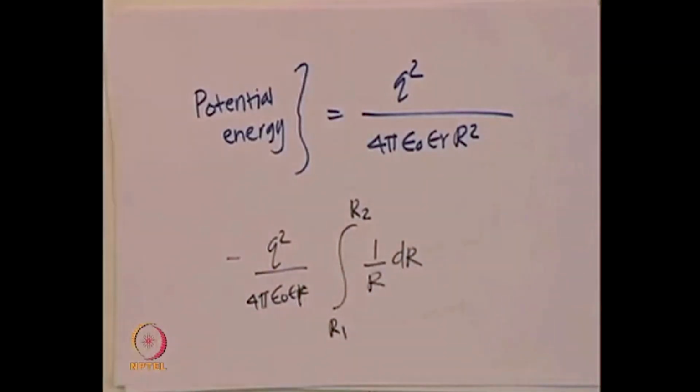This is the same question. What are we asking here? We are asking, if you have a charge at this distance, and if you move this charge from this distance to this distance, how much energy it costs to move this charge. So, again you can do this.